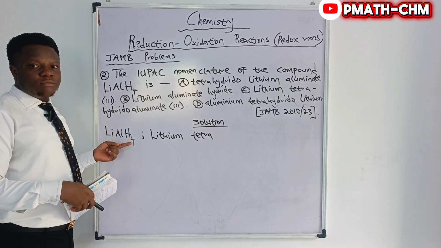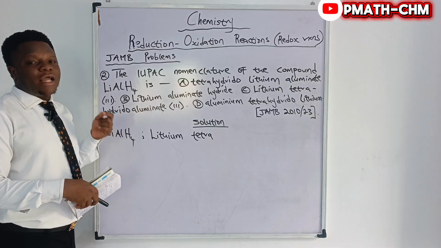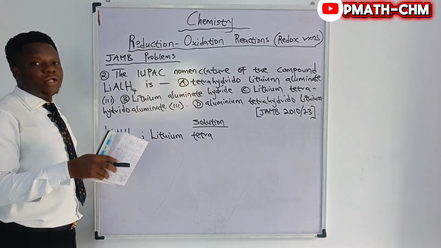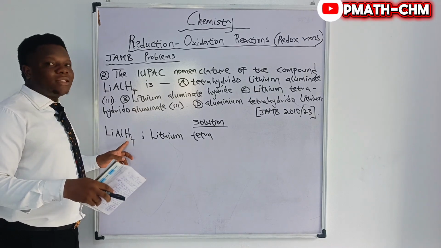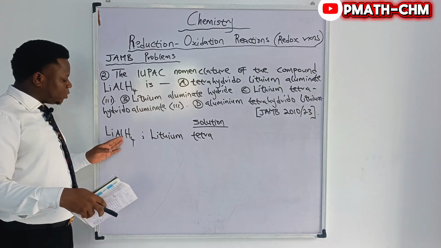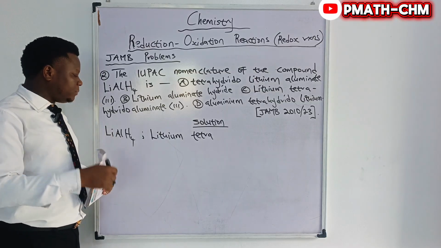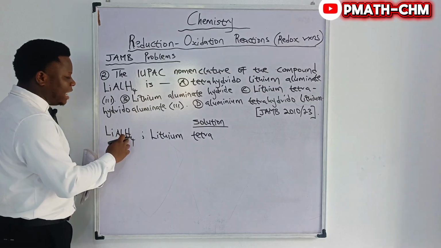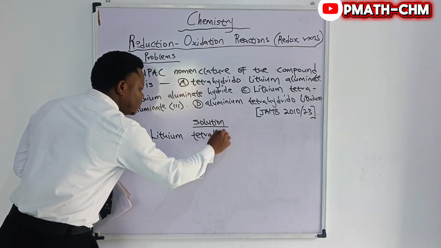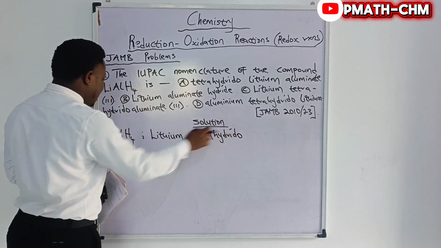So hydrogen here is having the hydride ion, which means the oxidation state of hydrogen here is not +1, it's actually what? -1. It is acting as a non-metal in this case because it is being bonded to 2 other elements that are more metallic in character than itself. So we now pronounce hydrogen not as hydrogen, rather we pronounce it as hydrido. So this is lithium tetrahydrido.